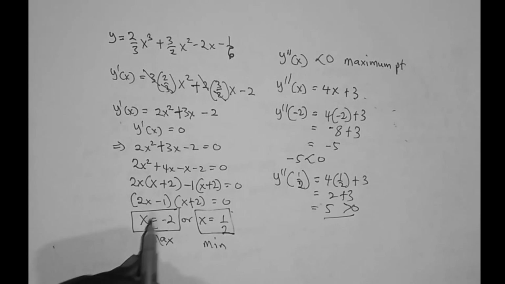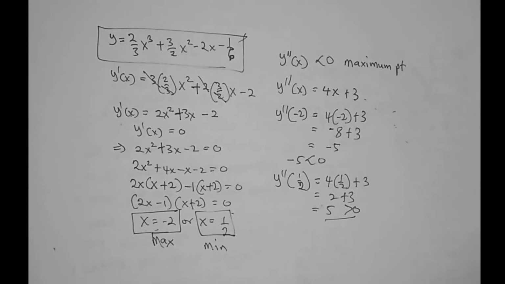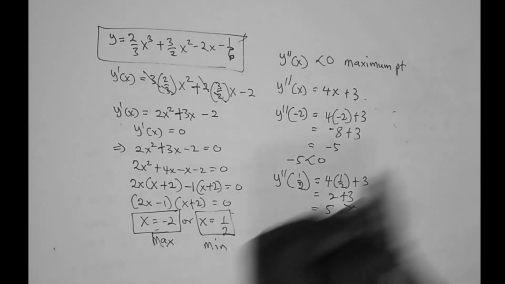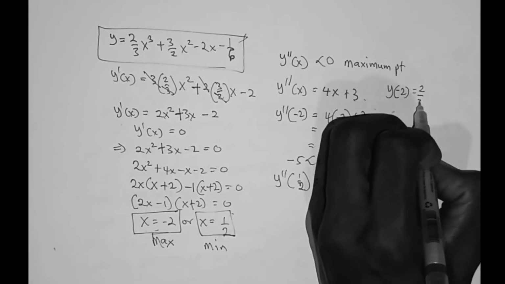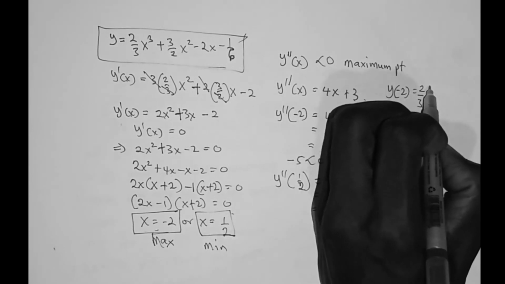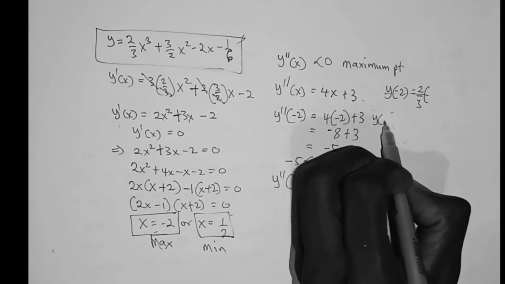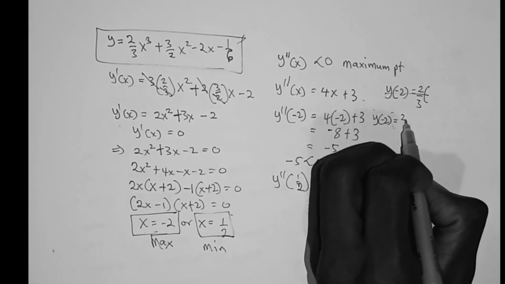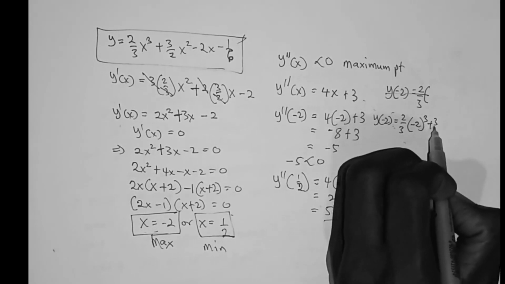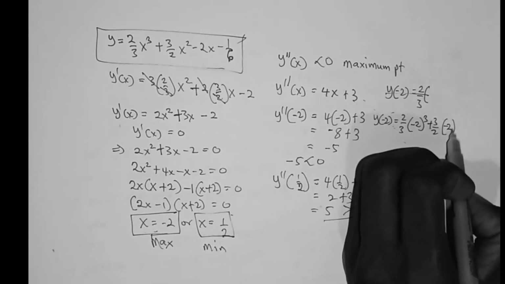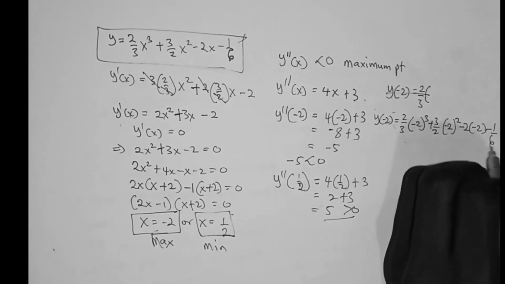So we need to take x equals minus 2 and put it back into the y equation to find the maximum point. So the maximum point is y of minus 2. And this is equal to 2 over 3 times minus 2 exponent 3 plus 3 over 2 times minus 2 squared minus 2 times minus 2 minus 1 over 6.